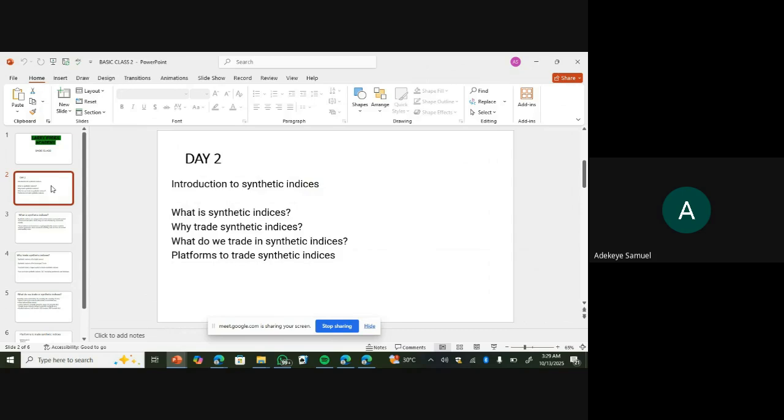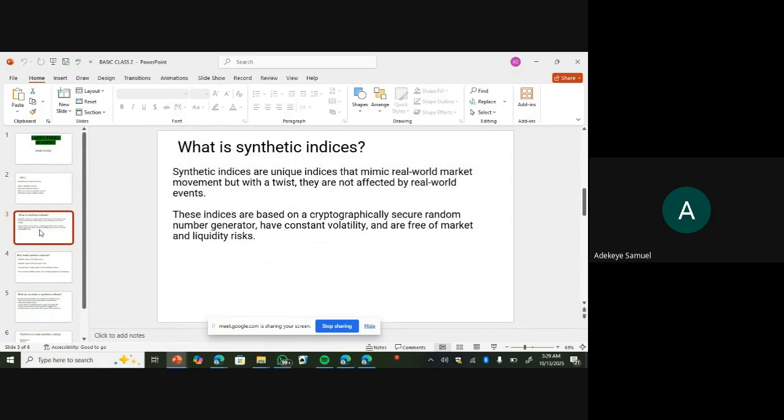So now, what is synthetic indices? Synthetic indices are virtual markets. They are not affected by real world markets. Remember, I said currency pairs are affected by banks, organized or controlled by banks. 80% of forex transactions are controlled by banks.